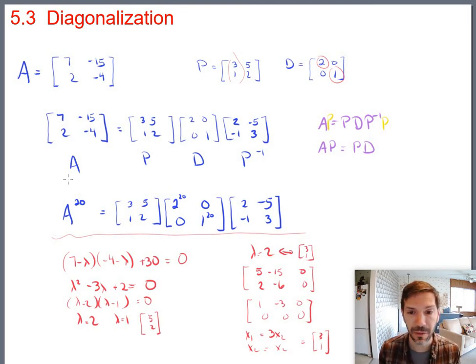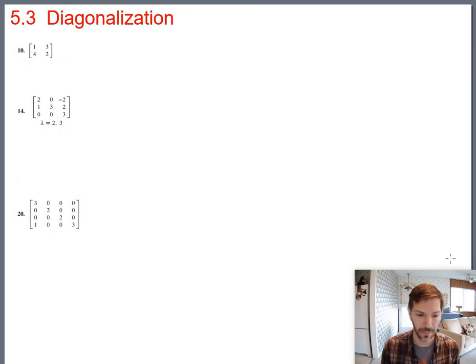Okay, so I think we have the basic idea, and we really should just look at an example. Or maybe we'll even look at 3 examples. These are 3 from the homework, the evens, of course. And the instructions here are just to diagonalize the matrix if possible. Keep in mind, not all matrices are diagonalizable.